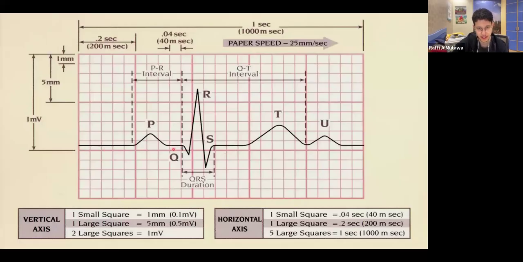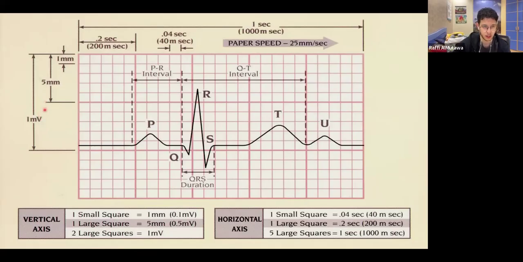So over here, that would be 1 second. This shows you how much can happen in 1 second, and how fast the heart actually is.